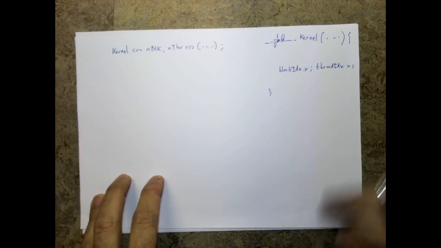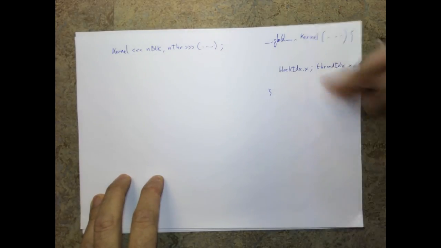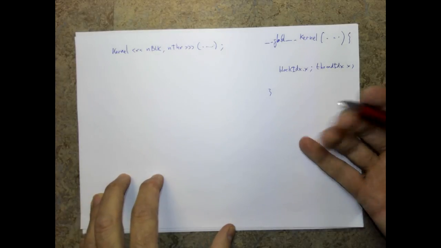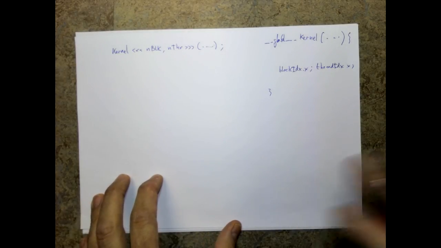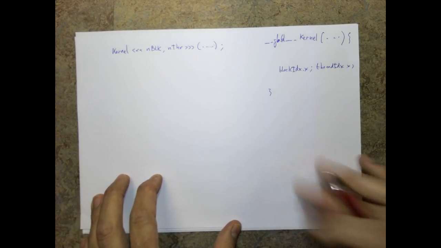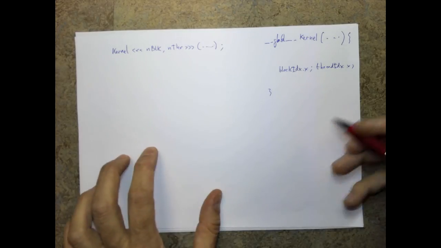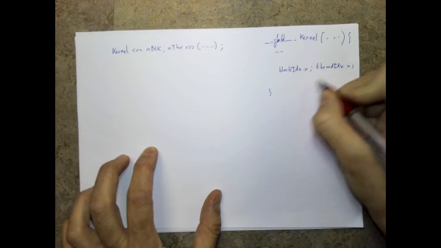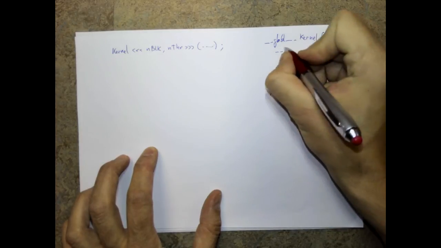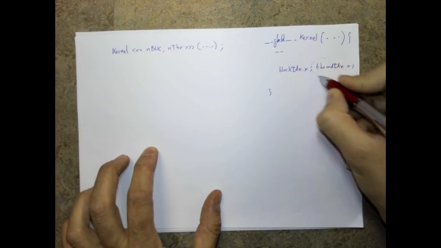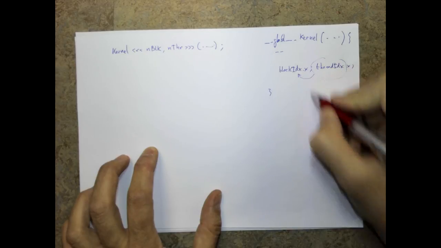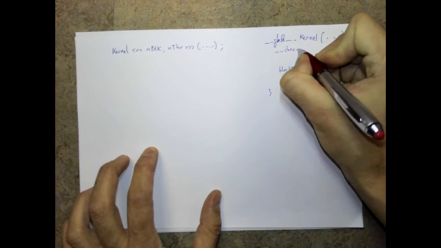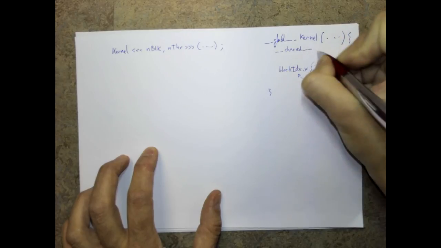Also, these threads that are going to execute this code need to share data for some reason. We haven't talked about that yet, but we will talk about it next. So maybe these threads that belong to one particular thread block are going to use some shared memory.